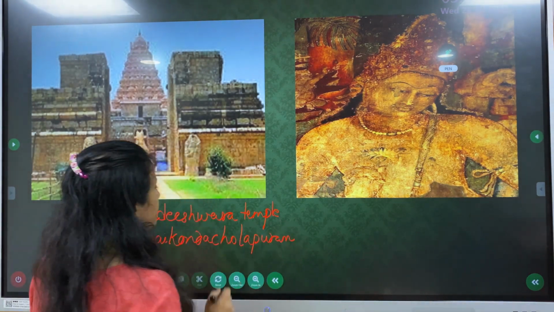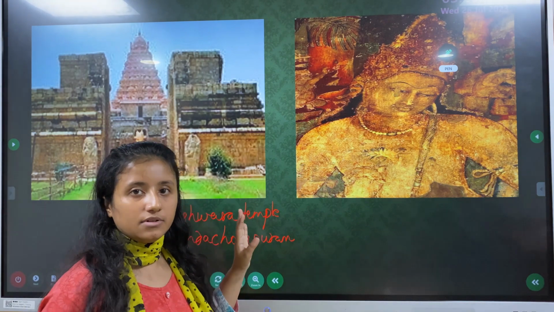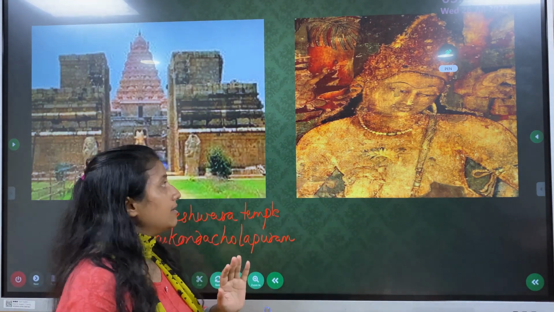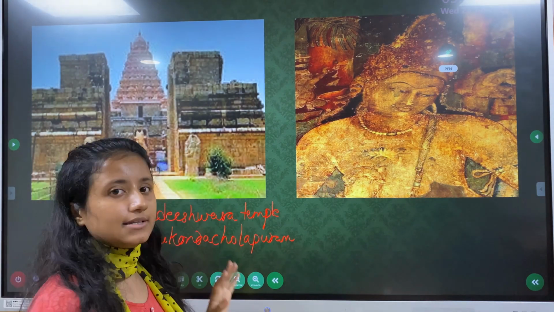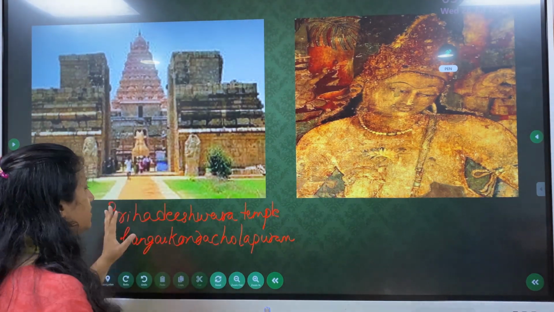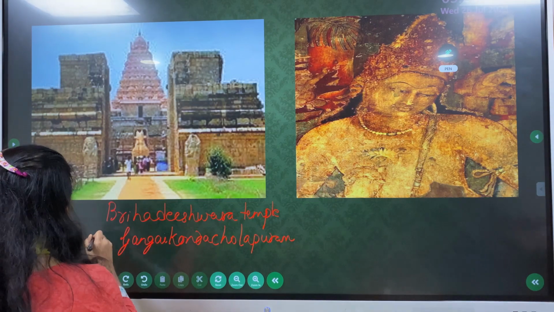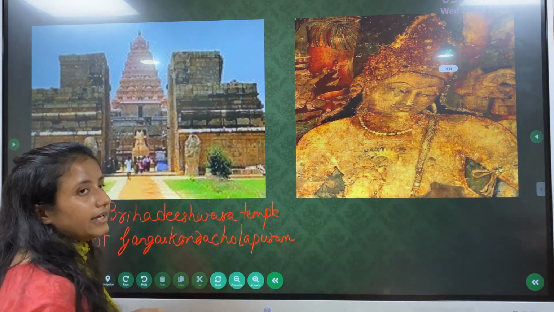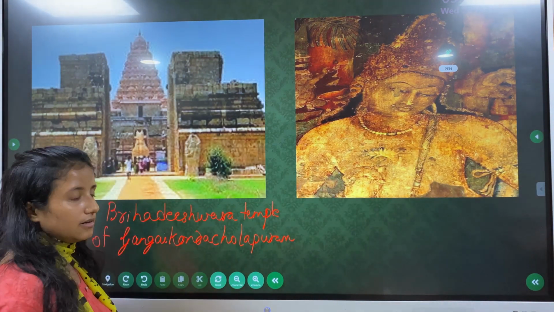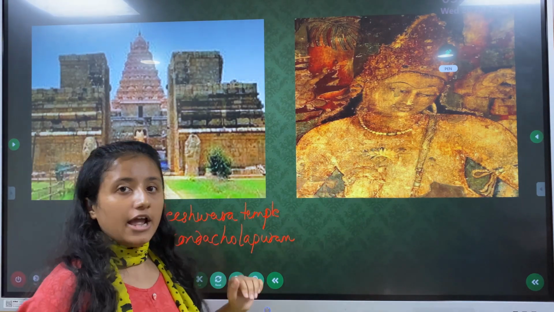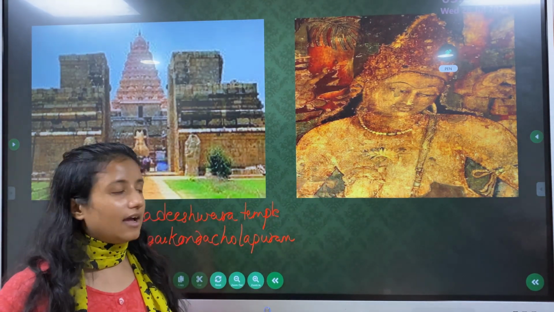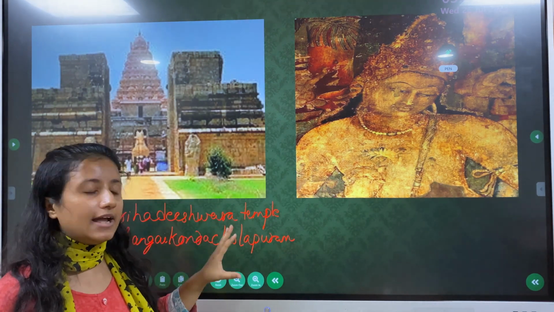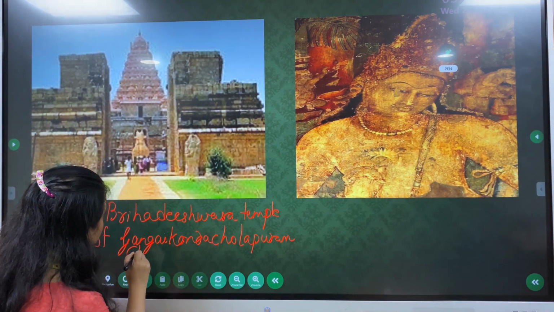Now, if we just look at this temple, we will not actually know anything about it except the fact that this is a temple and its name is Brihadishwara temple of Gangaikonda Cholapuram. Because we have another one in Thanjavur also, so we say it like that, right? But if we know the story behind it, then it will be quite interesting, isn't it? So, this is related to the Chola Empire.